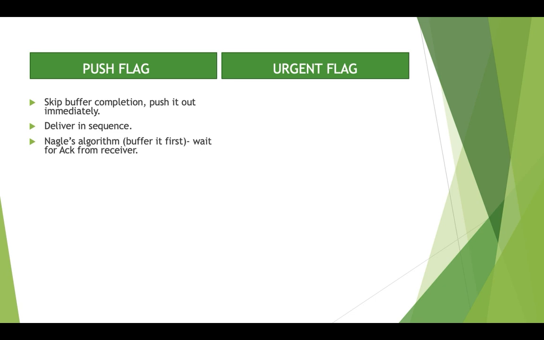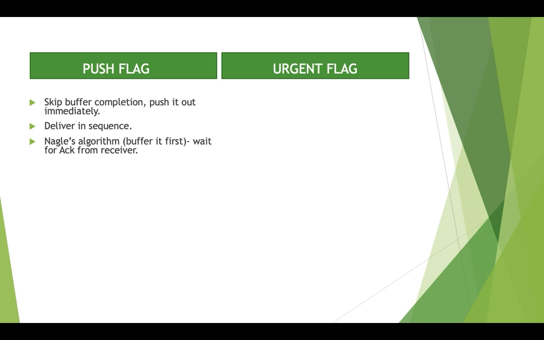Nagle's algorithm says: why are we misusing the bandwidth, why are we wasting the bandwidth by sending small characters or small data? Why did Nagle say that? The reason is that when we send some data, let's say one character, two characters, the data bits and bytes are very small, but over and above it, we add a 40 byte TCP plus IP header.